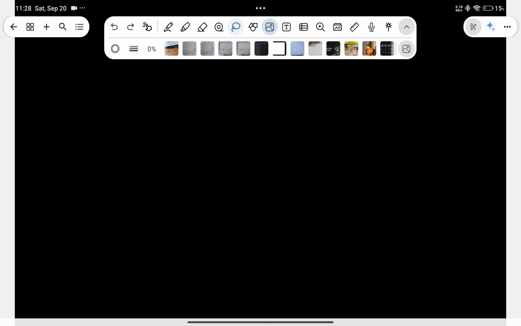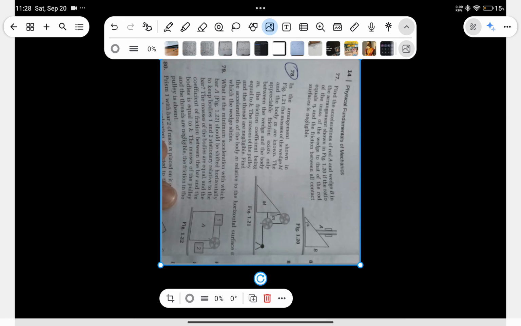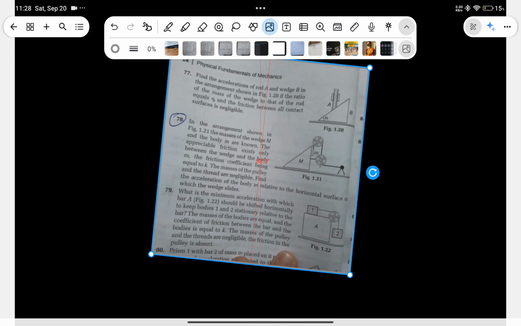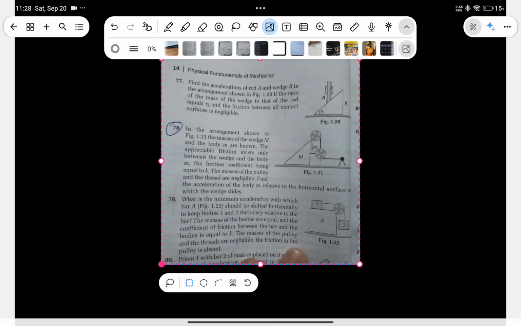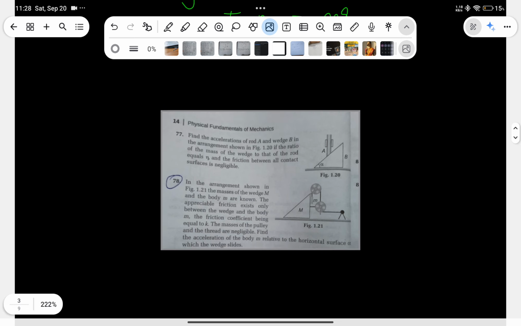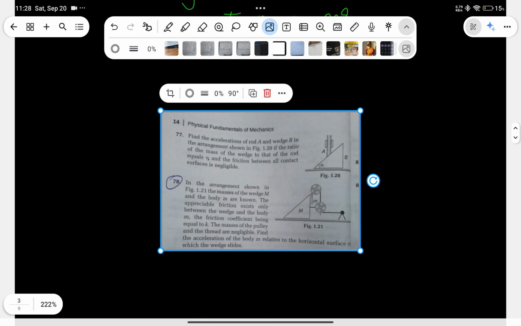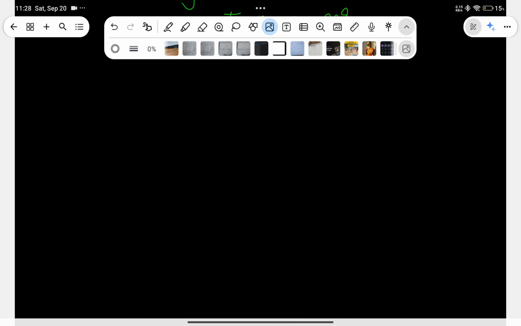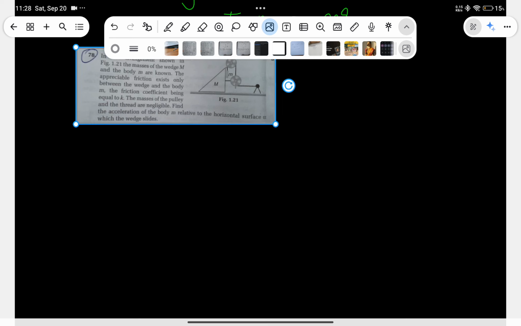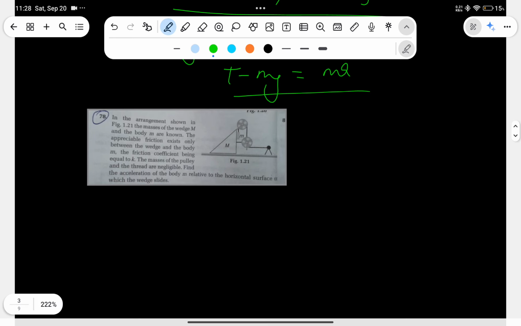Wait. So this is that question from Irodov.